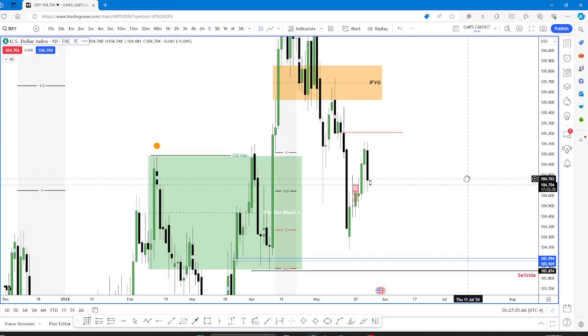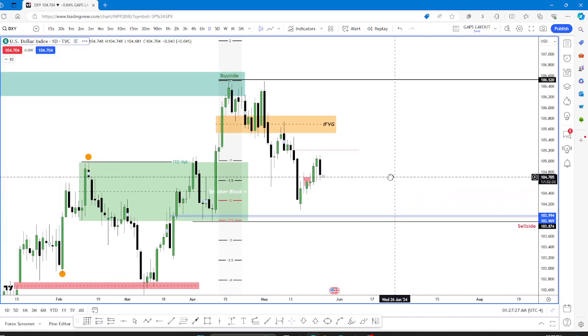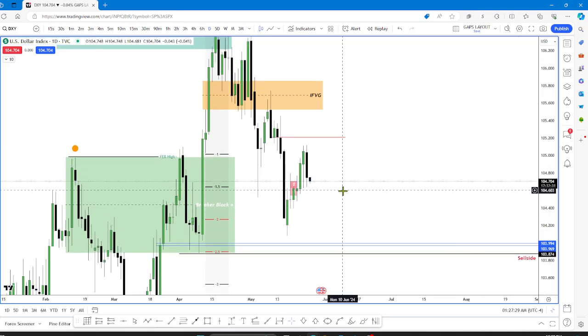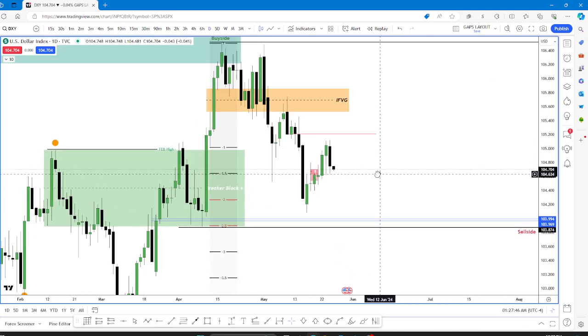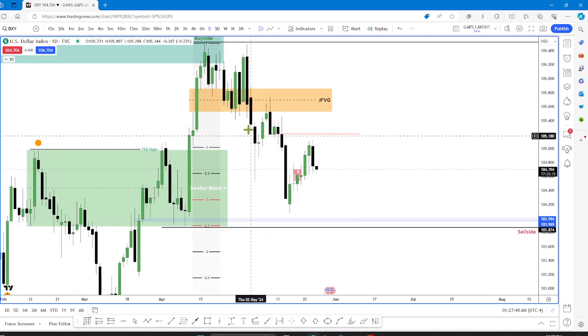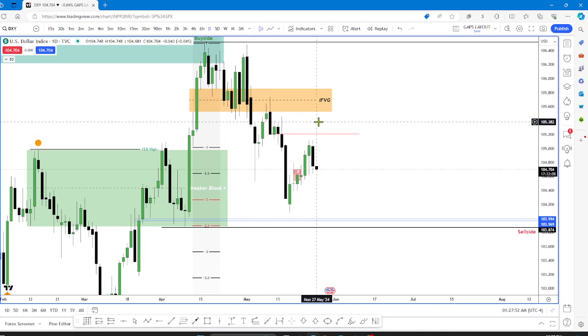So what we could be looking for is the dollar to potentially come up, take some internal liquidity, and then target the external liquidity below, being this swing low from May 16th. So pretty bearish so far since May on the dollar, which has sent the indices higher.